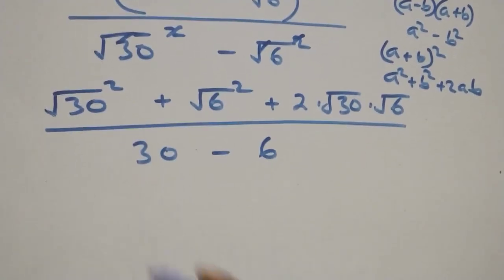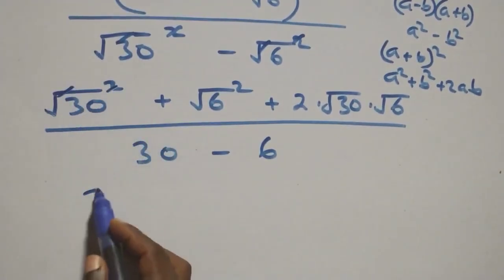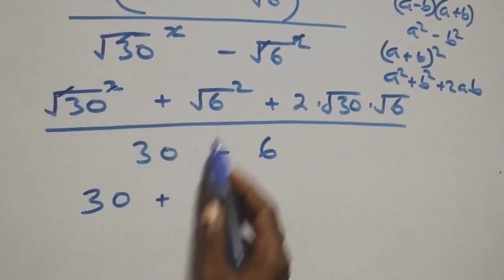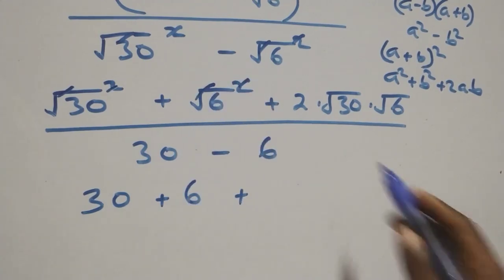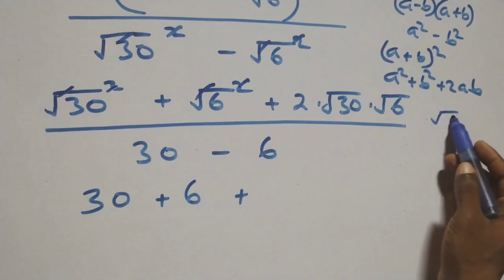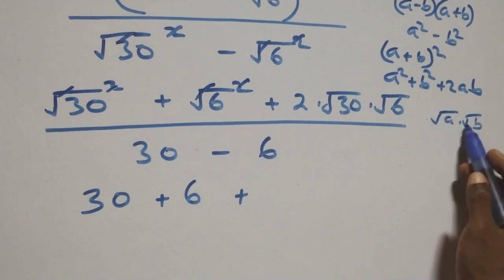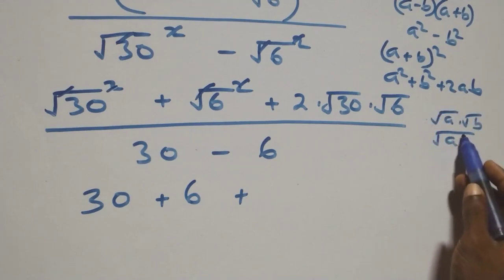Then from here, next step also square cancel square root, here we have 30 plus also square cancel square root 6, then plus. Yeah, we can bring this together. When we have root a times root b, write it as root a times b together.